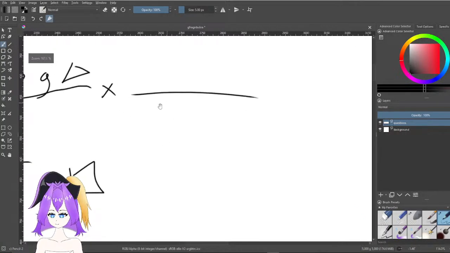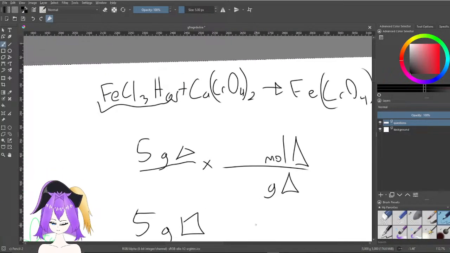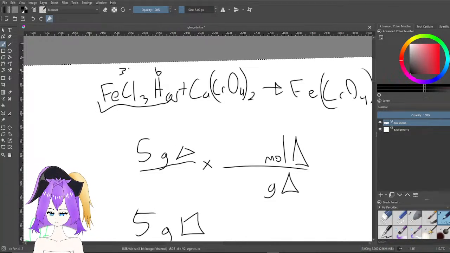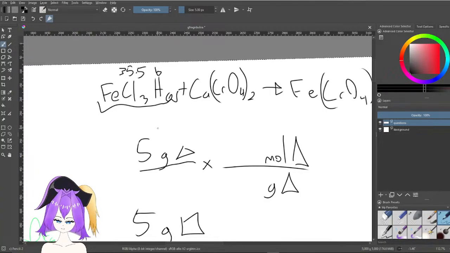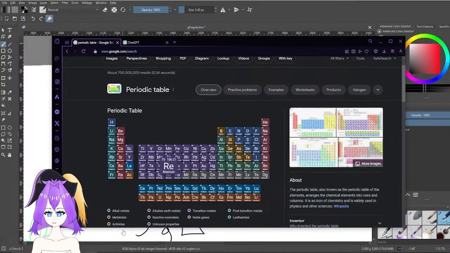So we go grams of that stuff to moles of that stuff. Okay, so the molar mass is going to be iron. Functionally the hydrogens are 6. Chlorine is 35.5. I think iron is 58-ish. What is iron?